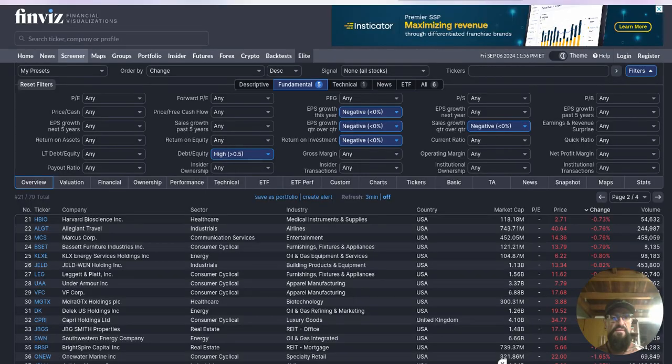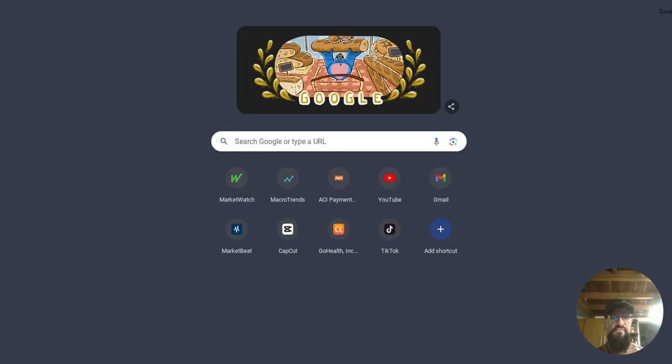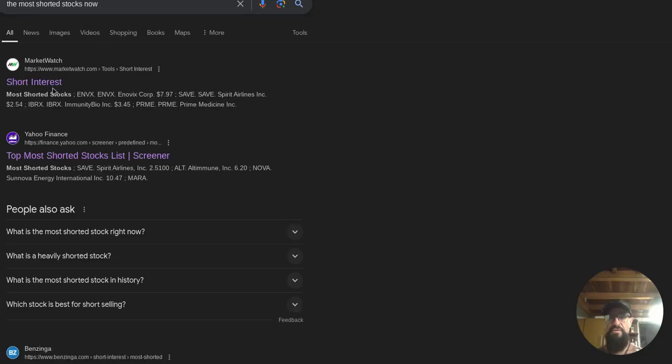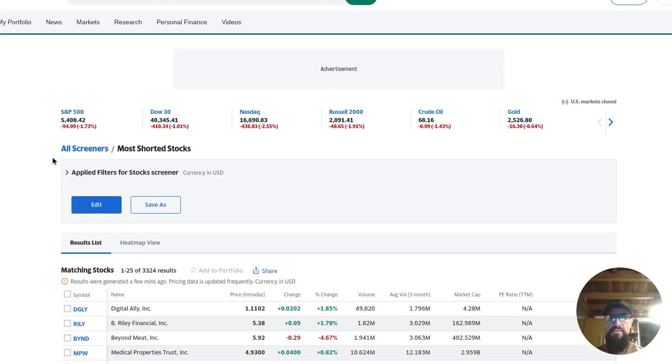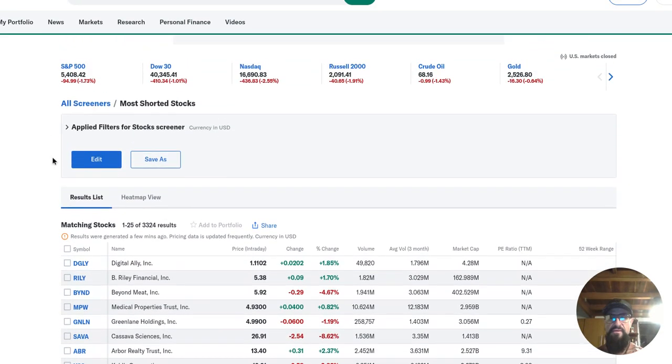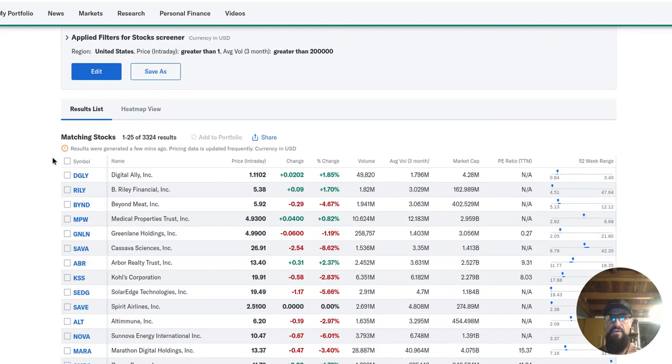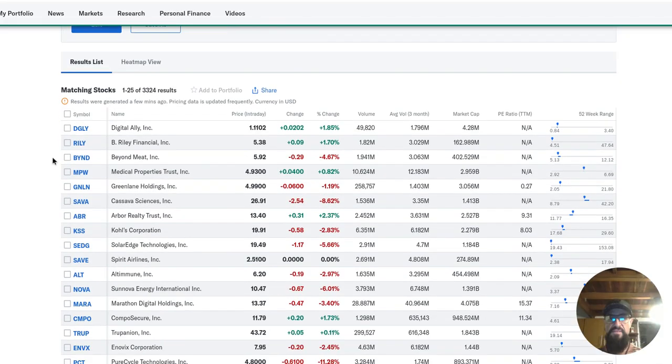The other thing that is very intuitive is to Google the most shorted stocks now, and here too you're gonna come up with a whole bunch of companies.